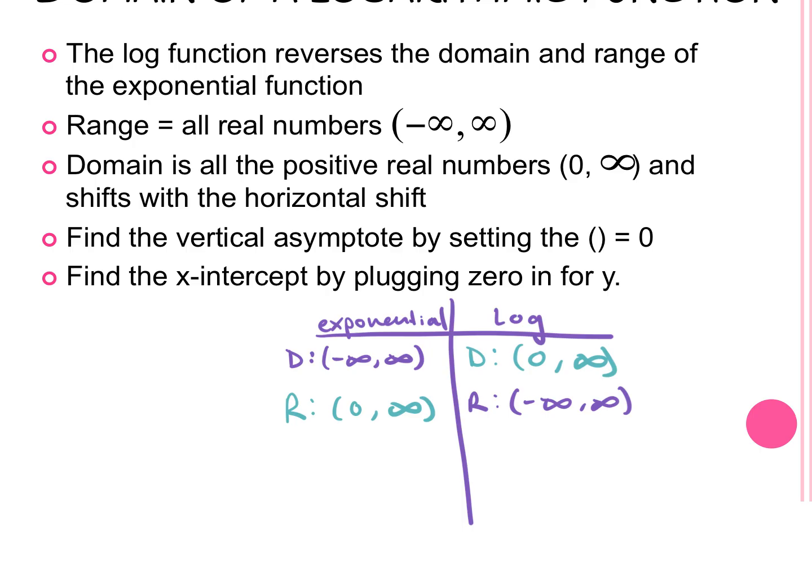However, we know that our range would change if we had a vertical shift. So vertical shift changed our range. Our domain is going to change if we have a horizontal shift.